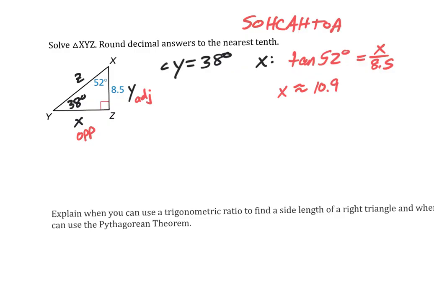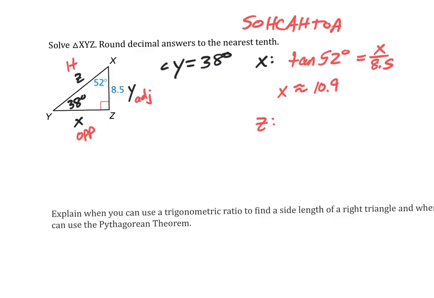Okay, little y. Oh, we already know little y. Little z, I should say. This time, I'm still using the 52-degree angle. I'm still using 8.5, but this time we're going to use z, and z is the hypotenuse.